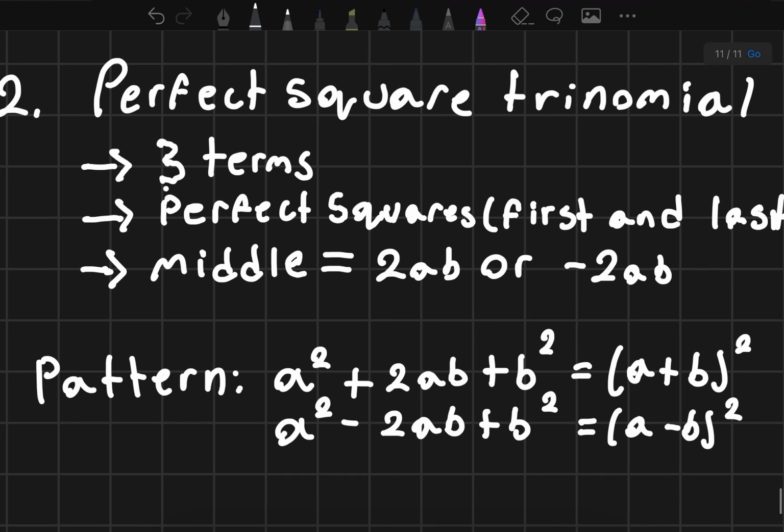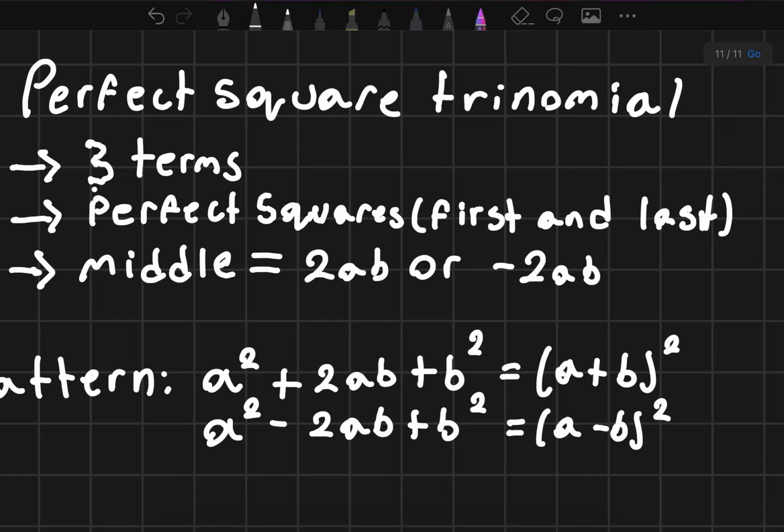So this is the general pattern you should be following: a squared plus 2ab plus b squared is equal to a plus b squared, or a squared minus 2ab plus b squared is equal to a minus b squared.